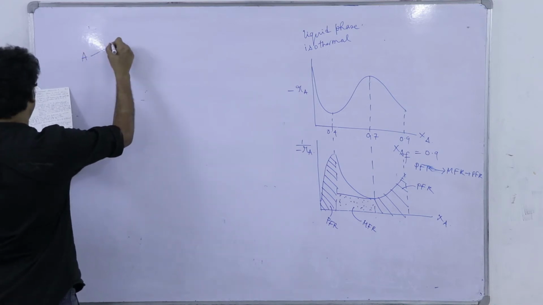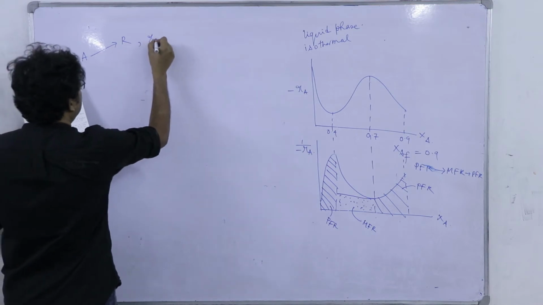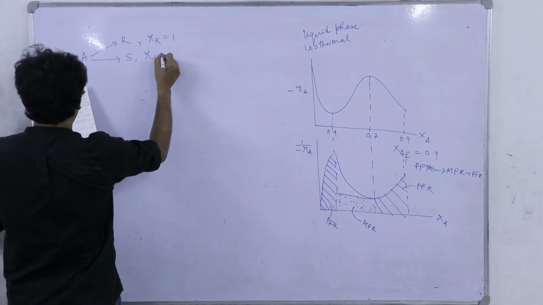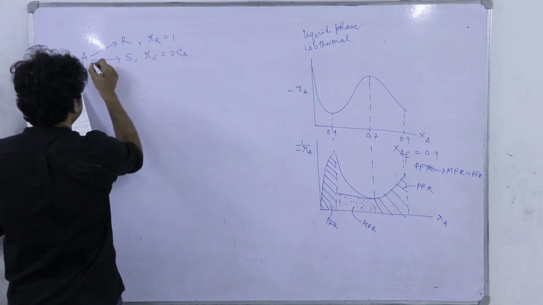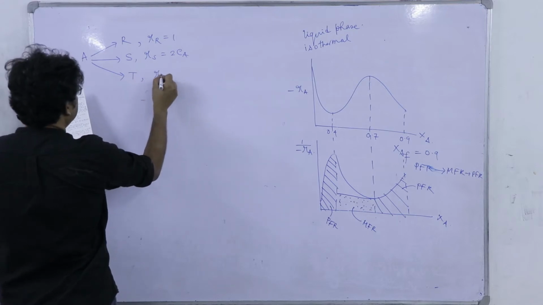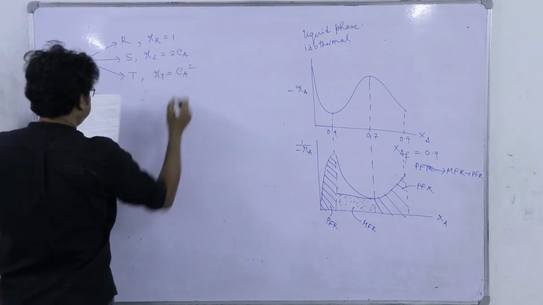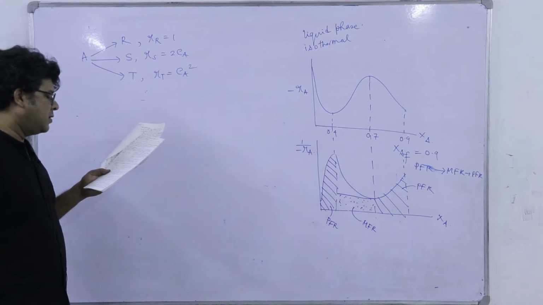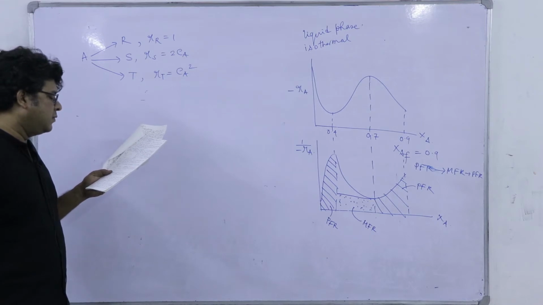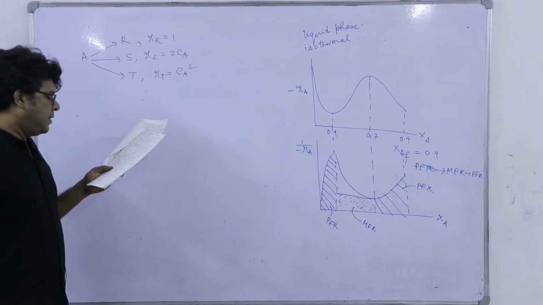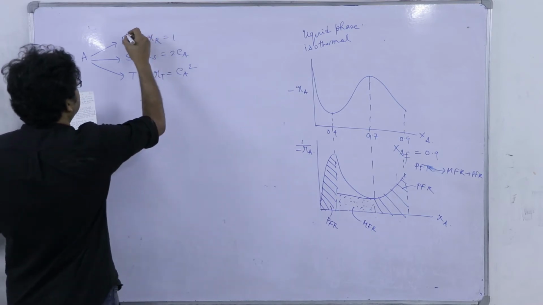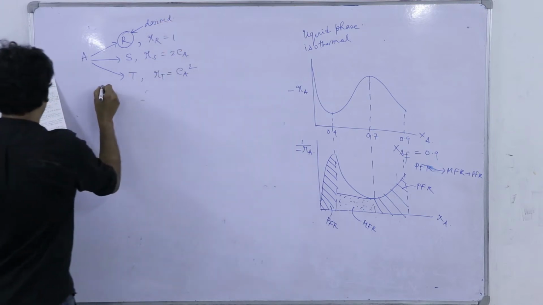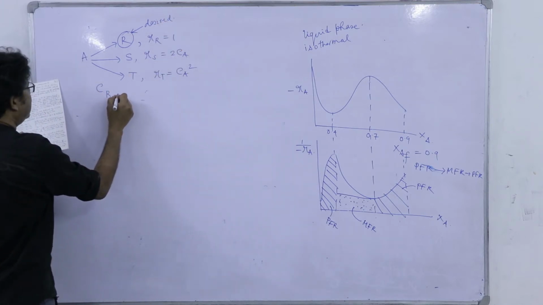A giving R, RR equal to 1; giving S, RS equal to 2CA; giving T, RT equal to CA square. Determine the maximum concentration of the desired product if a PFR is used. The desired product is R, so we have to solve for CR max.